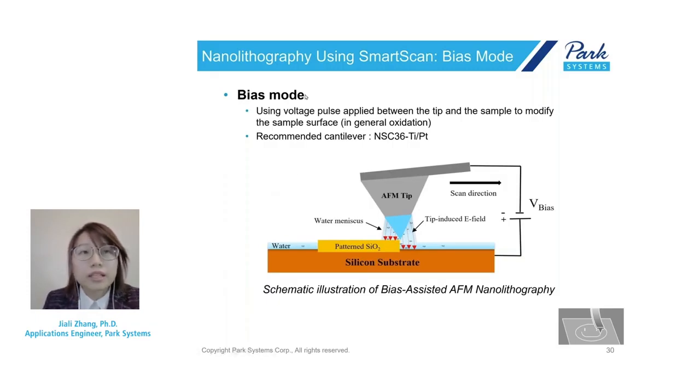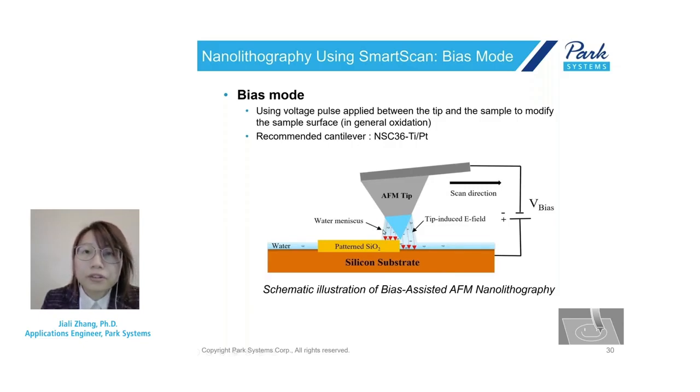The basic principle of bias mode is that it utilizes voltage pulses applied between the tip and the sample surface to generate an electric field, which allows local oxidation to form the oxide feature on the sample surface. Usually we use silicon as the substrate and thus generate silicon oxide.